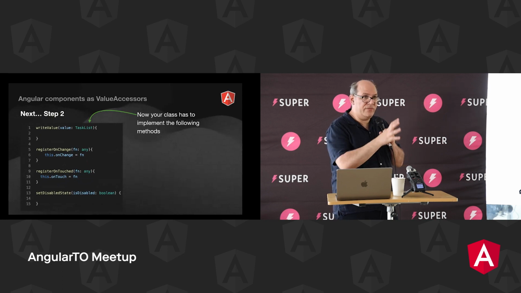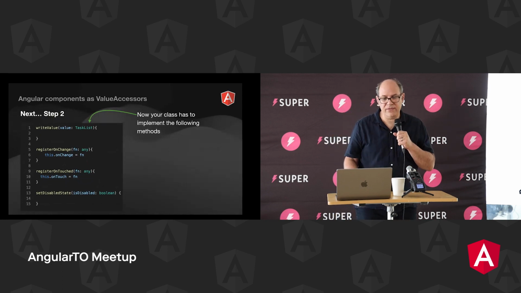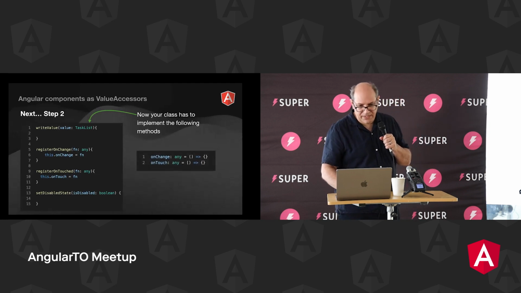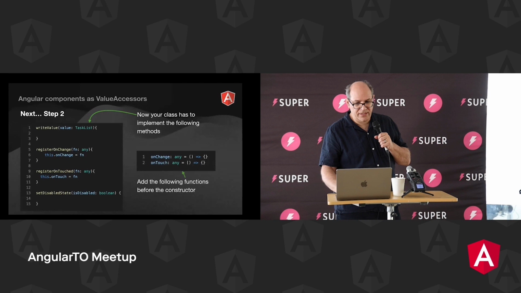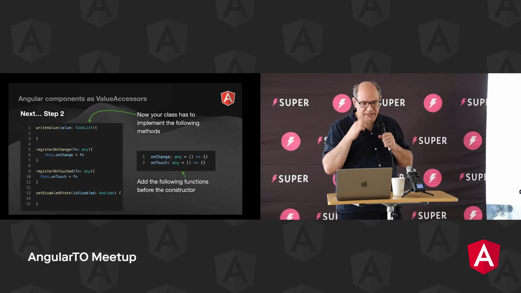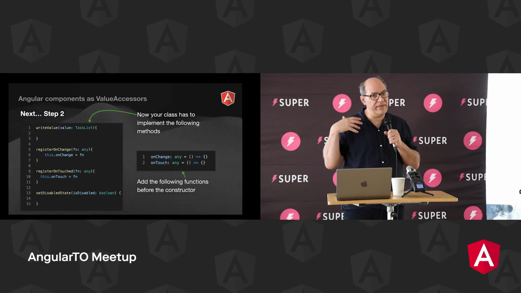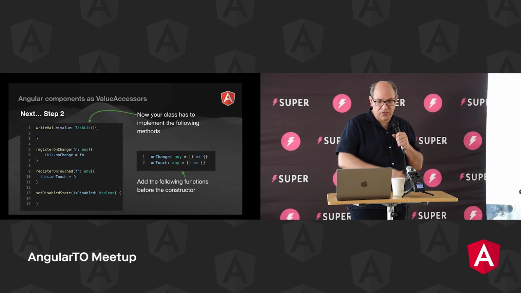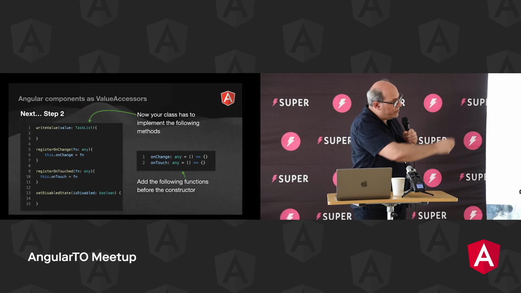So that means you, the recipient of write value, can now rip apart that data structure. The next part is register on change, register on touched. These events need to be forwarded so that we can actually use this and make sure the control is valid or not valid if it's been touched, or if a value needs to be passed. So that's what we use those two functions over there for.